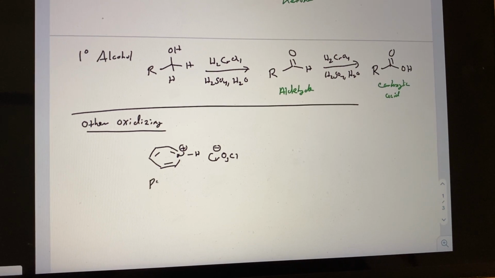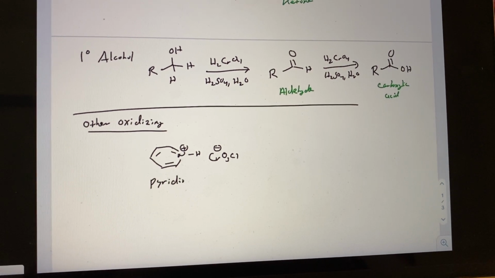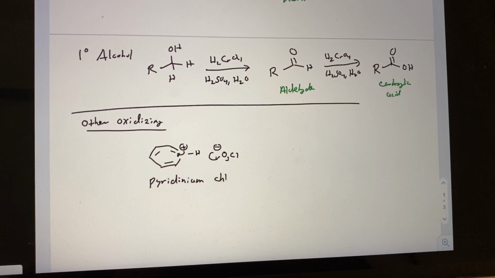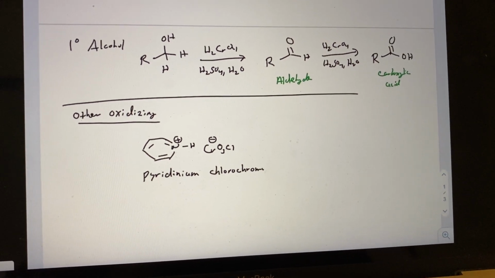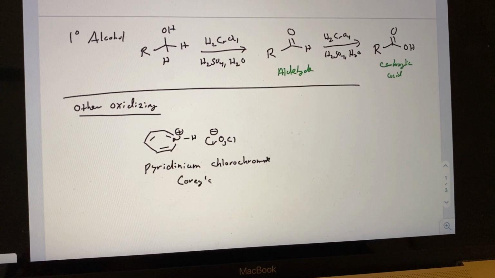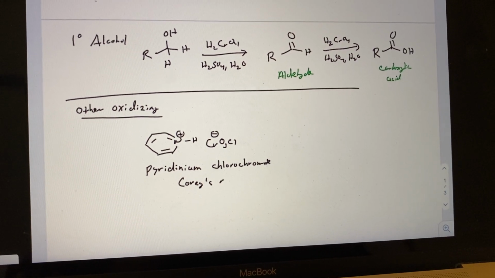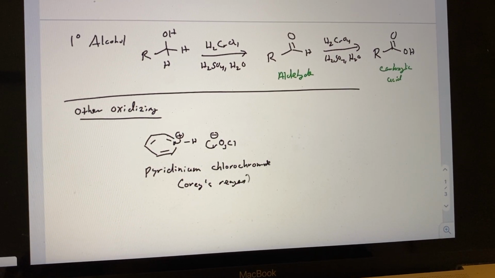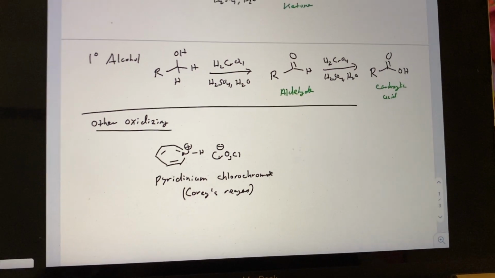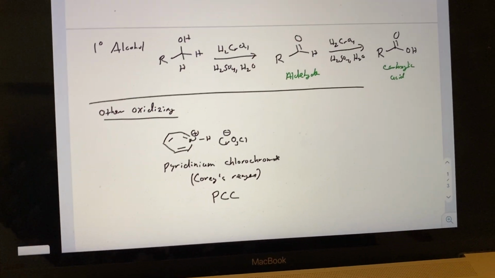This is known as pyridinium chlorochromate, which is also known as Corey's reagent, after E.J. Corey, a chemist at Harvard. Saying pyridinium chlorochromate is not the simplest thing always to say, so just PCC for short.